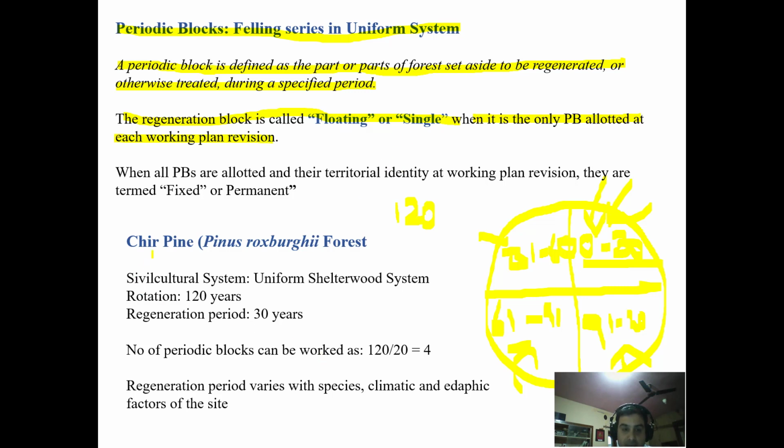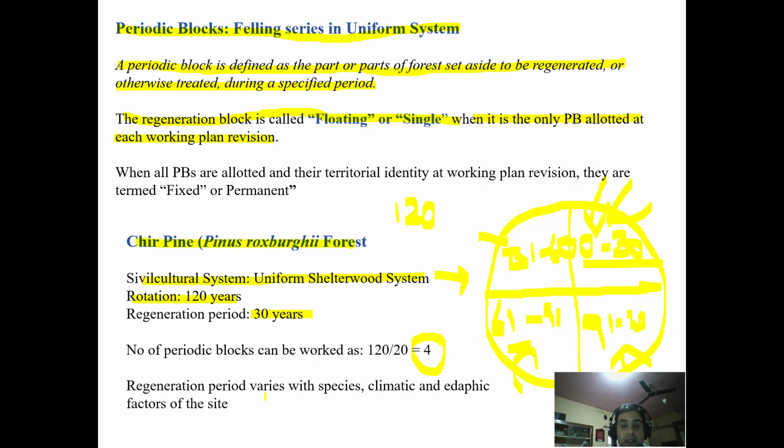Here's an example, in the case of chir pine, which has a rotation of 120 years, and we maintain it under the uniform shelter wood system. It has a regeneration period of 30 years, when we think the regeneration is established. So the number of periodic blocks that we can divide this into will be 120 divided by 30, which is equal to 4. So here we divide the area into 4 periodic blocks.